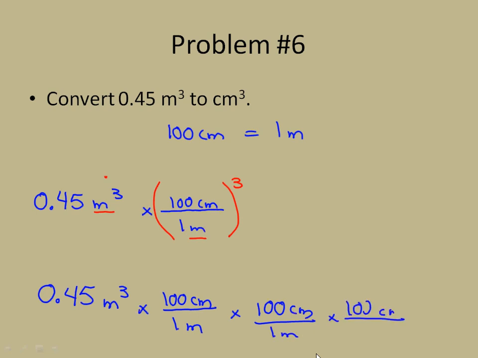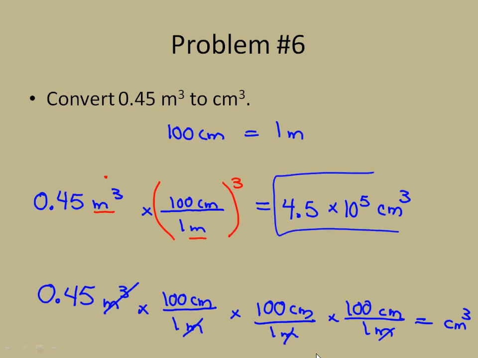So it cancels it 3 times. 1, 2, 3 to get centimeters cubed. This upper problem does the same thing. Once you work your magic, you should have 4.5 times 10 to the 5th cubic centimeters. There's your final answer. Do box your answers. Really helps. Me at least. All right.